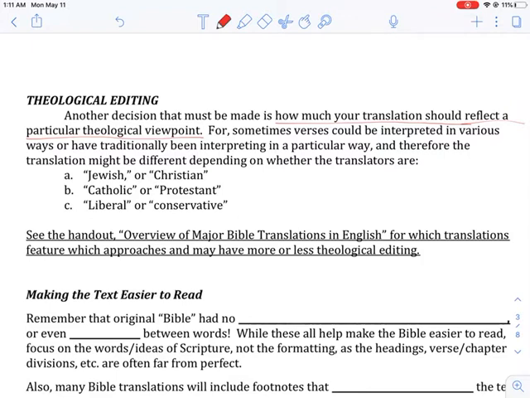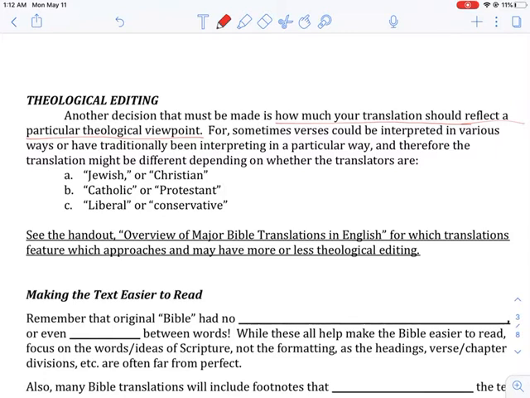The same thing happens with Catholic and Protestant Bibles. If you don't know much about Christianity, there are different types of Christianity, different churches, and Catholics and Protestants agree on a lot of things, but they do disagree on some things, and so sometimes their Bible translations can have, again, these slight changes that point people to think that their view is more biblical than the other way to read the verse.